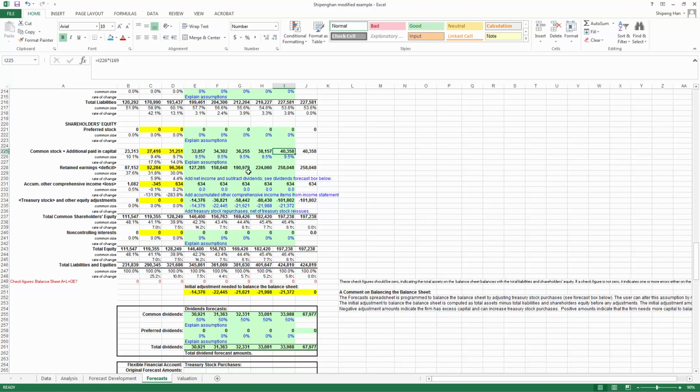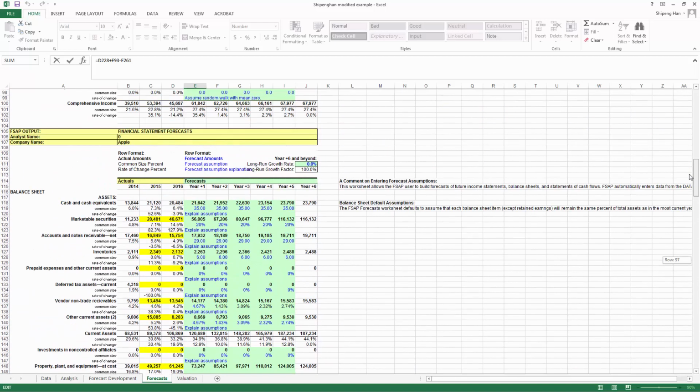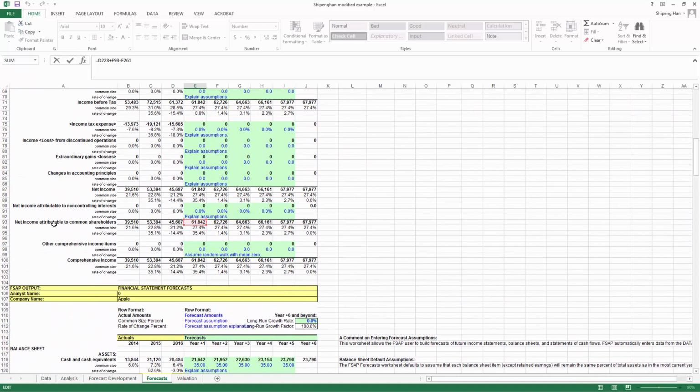The next one is retained earnings. The forecast of retained earnings is based on a formula. If I click the cell of year +1, you can see this formula. It starts with the beginning balance of retained earnings, then E93, which is net income attributable to common shareholders.